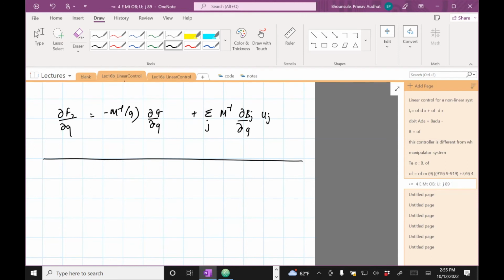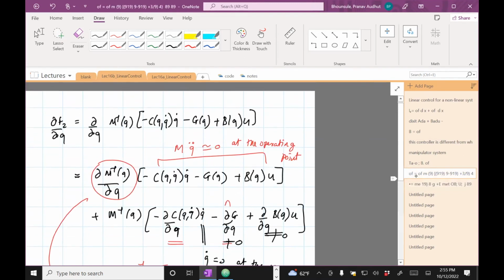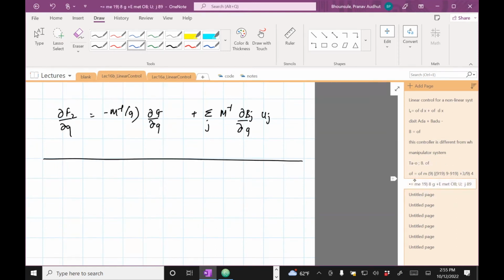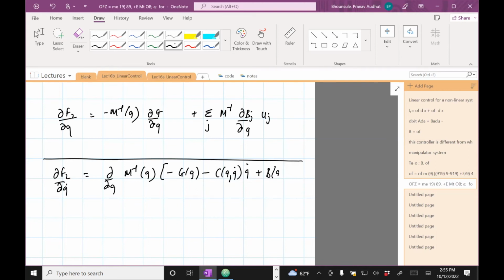Okay, so we're not done yet. We still have the last term, which is dF2 with respect to dQ dot. We figured out the previous term, and we are still left with this one. dF2 dQ dot is going to be M inverse times dQ dot of minus G of Q minus C Q dot plus B of Q u.